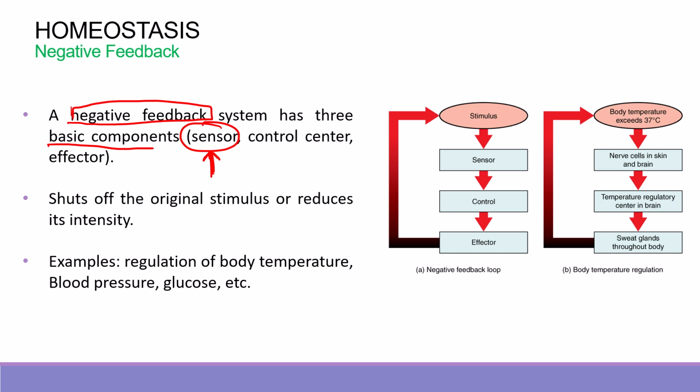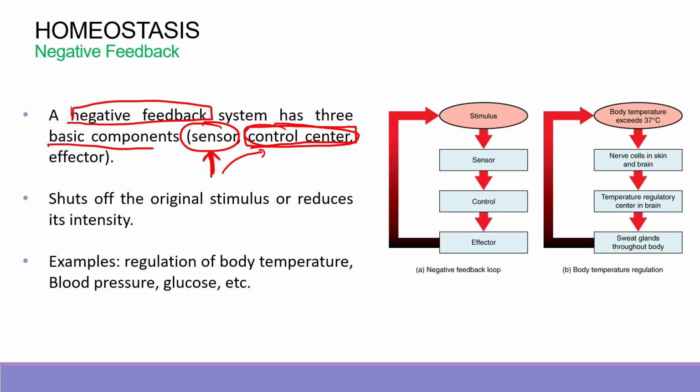For example, something that will detect that your temperature is going too high or too low, or that your blood sugar is too high or too low, or that your blood pressure is too high or too low. That's the sensor component. A control center, which is a part of your body that will be able to take the information that comes from the sensor and decide what is the best response to fix it.